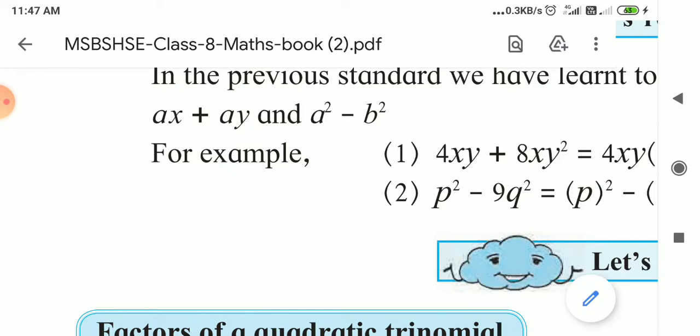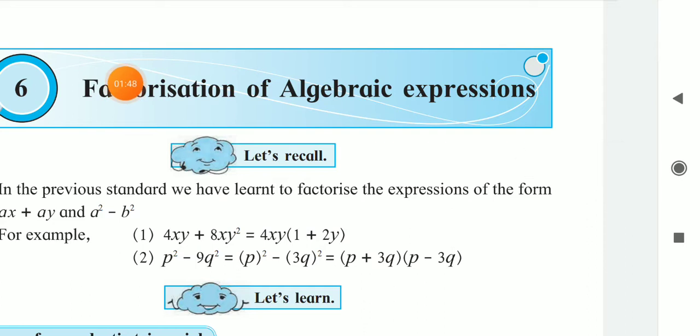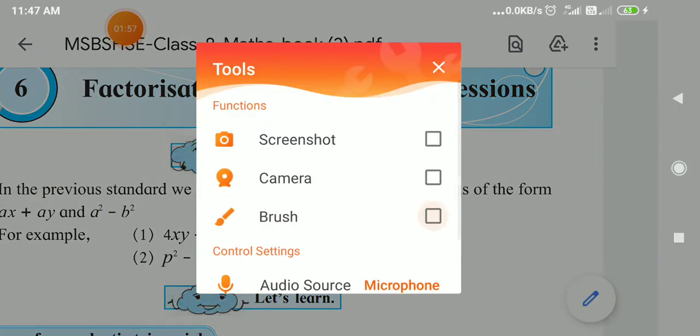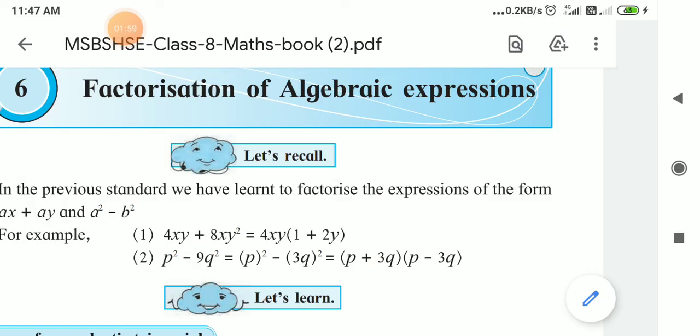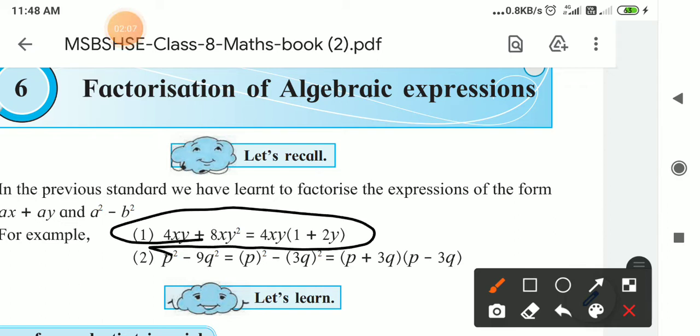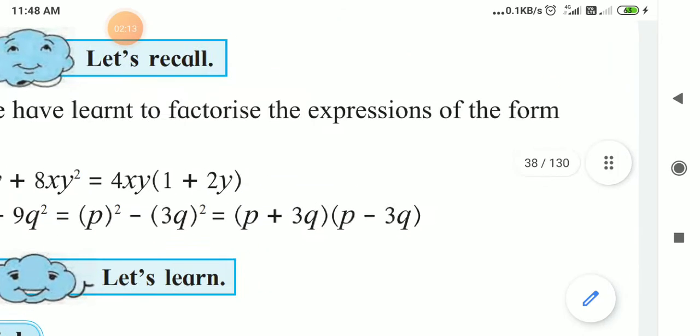Now after this, let's recall. We have to factorize the algebraic expression 4xy plus 8xy square.